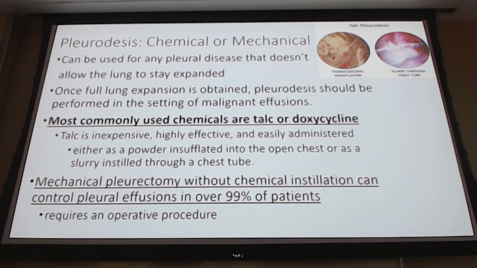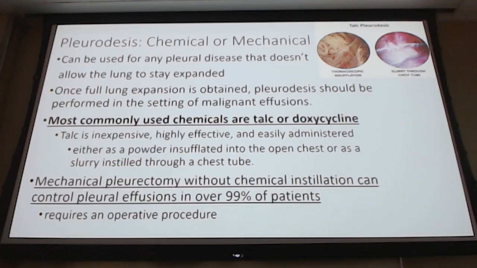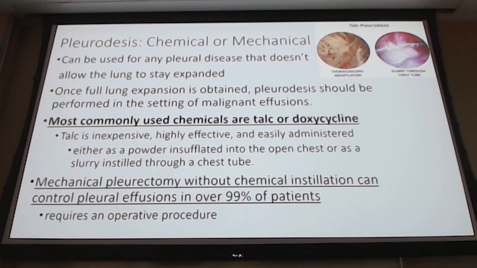Pleurodesis. Okay, so now we're finally talking about pleurodesis. Okay, this is what we use to either manually or chemically irritate the lining of the pleura enough that when the lung gets re-expanded, it sticks to it. Okay, it scars into the chest. Okay, what does this do?